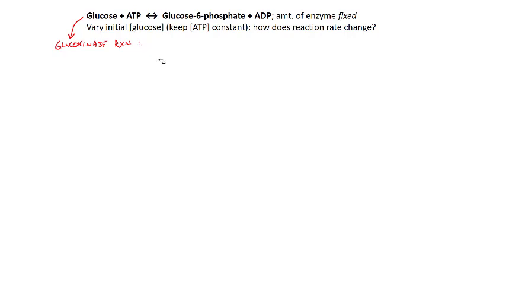So we're going to carry out an experiment using glucokinase. We're going to have a reaction mixture containing a varying amount of glucose and a constant concentration of ATP.